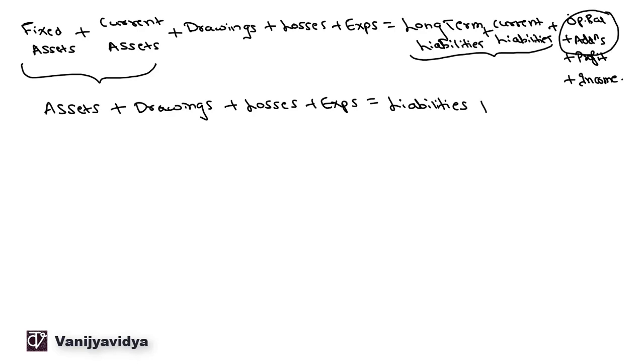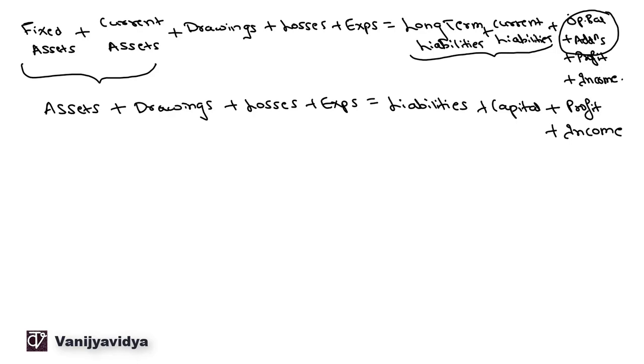We can write it as capital plus your profit plus income. Now this is how we rewrite this equation.